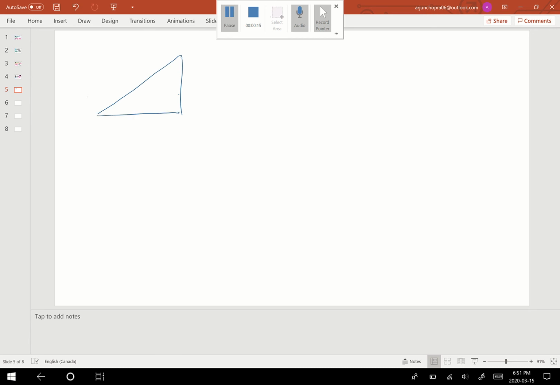So first of all, tangent theta, cos theta and sine theta. These trigonometric identities can only be applied to right angle triangles. So tangent theta is equal to opposite upon adjacent.